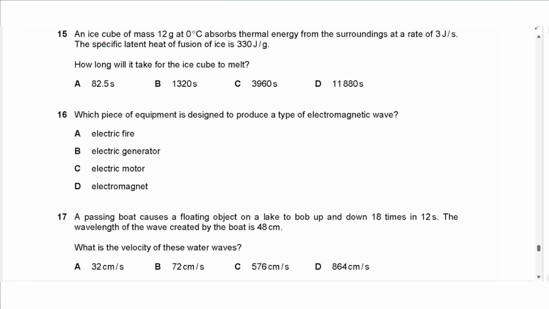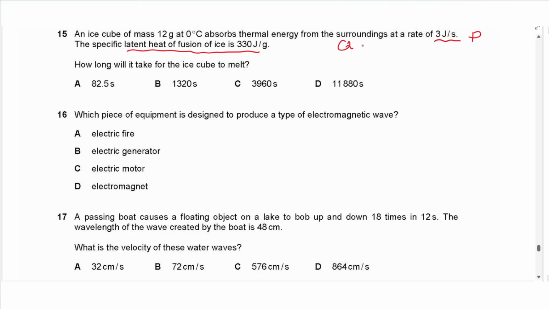Question 15 is about latent heat capacity, so you can skip that also for the new syllabus. It says an ice cube of mass 12 grams at 0 degrees Celsius absorbs thermal energy from the surroundings at a rate of 3 joules per second. That's power. The specific latent heat of fusion of ice is 330 joules per gram. How long will it take for the ice cube to melt?